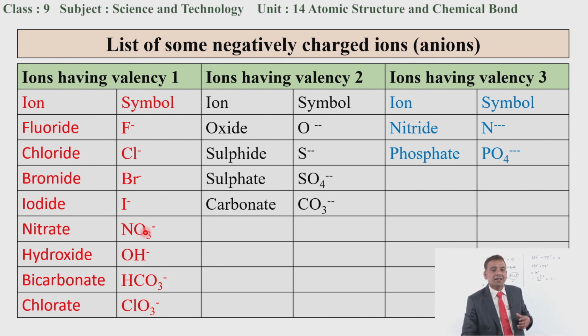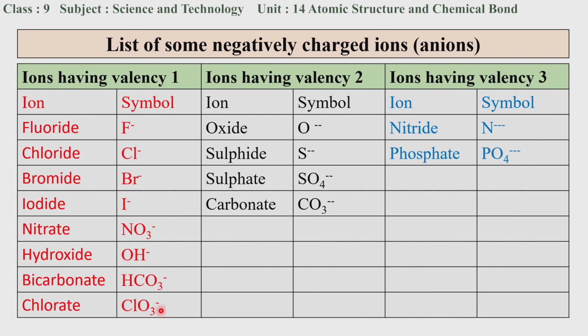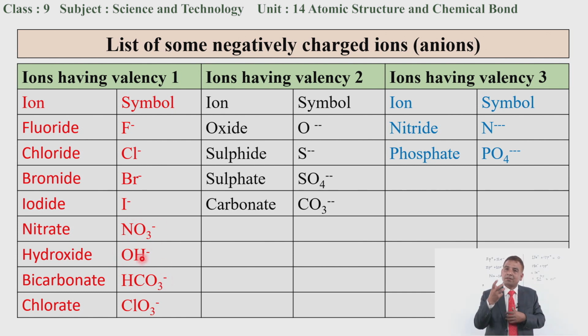You can see here NO3 minus, OH minus, HCO3 minus, and ClO3 minus. So they are collections of atoms and they have charges. These groups are called radicals. Anyway, they have a negative charge, so they are called anionic radicals also.